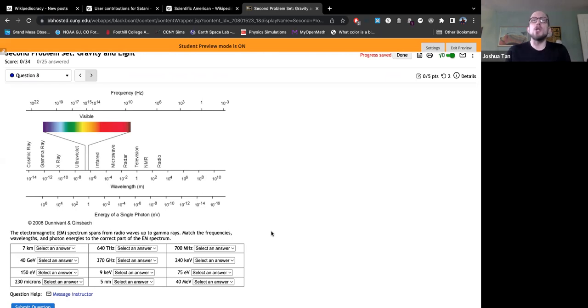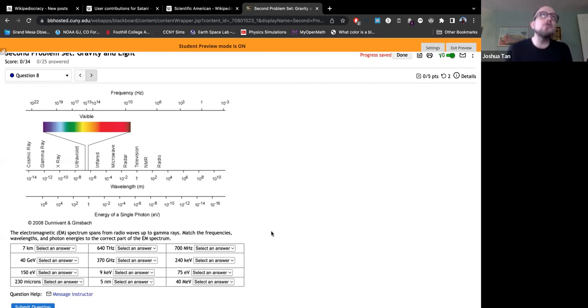Light carries energy along with it in the form of photons, and the energy of a photon is directly related to its frequency. Now, to figure out the energy of different forms of light, you may have to go look these things up. They're in your textbook, but they're also easy to discover online, or if you're going to do some of the supplemental reading and research that we have linked on our webpage.